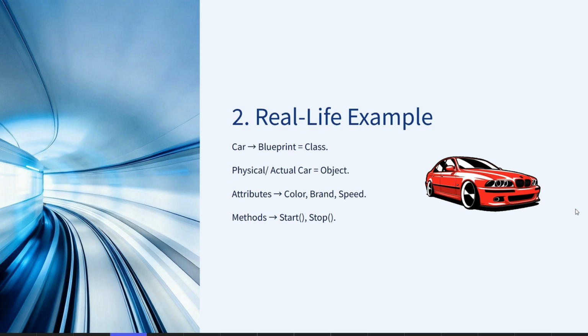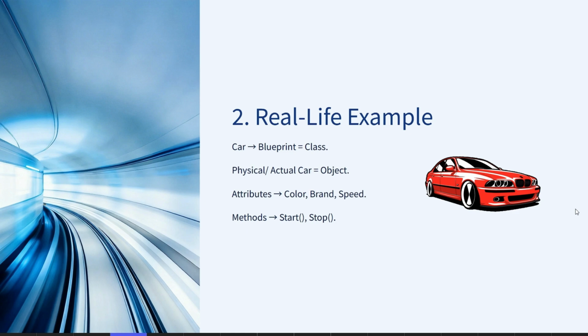Attributes: adjectives describing the object, like the color is red, the speed is fast. And method: an action the object can perform, like we have drive, we have brake. Okay, enough theory. Let's write some code.